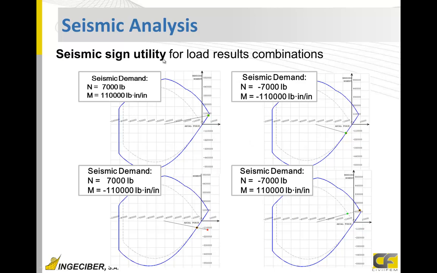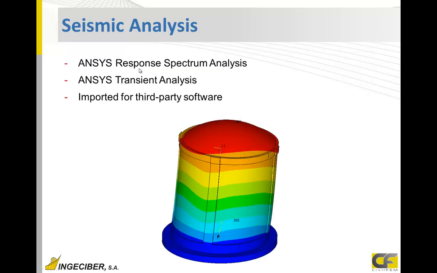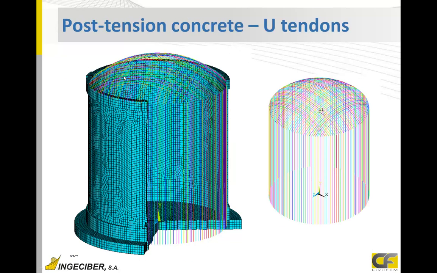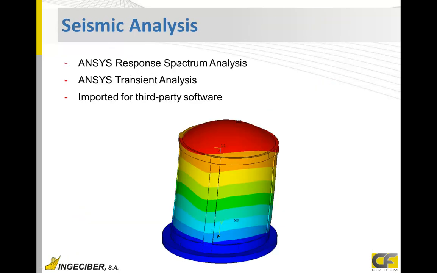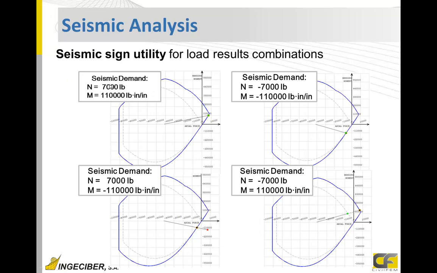CivilFEM gives you this seismic sign utility to combine the seismic result, as I said, from ANSYS response spectrum analysis, transient, or third-party software. If that is in absolute value, CivilFEM gives you the option to combine with the static combination the seismic results in axial force and bending moment: all positive, all negative, and one positive and one negative.